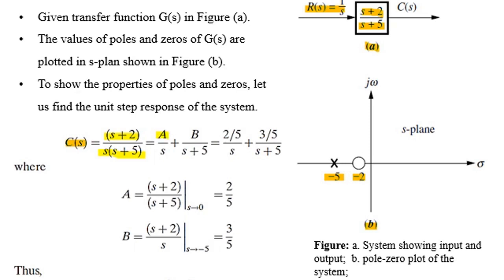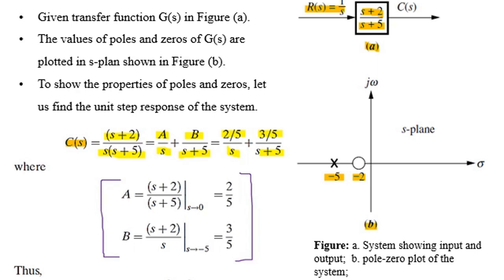Now for the response of the system in the time domain, we will use partial fractions, and this will be equal to A divided by s plus B divided by s plus 5. Now solving for the values of A and B, C of s will be equal to (2 divided by 5) whole divided by s and (3 divided by 5) whole divided by s plus 5.